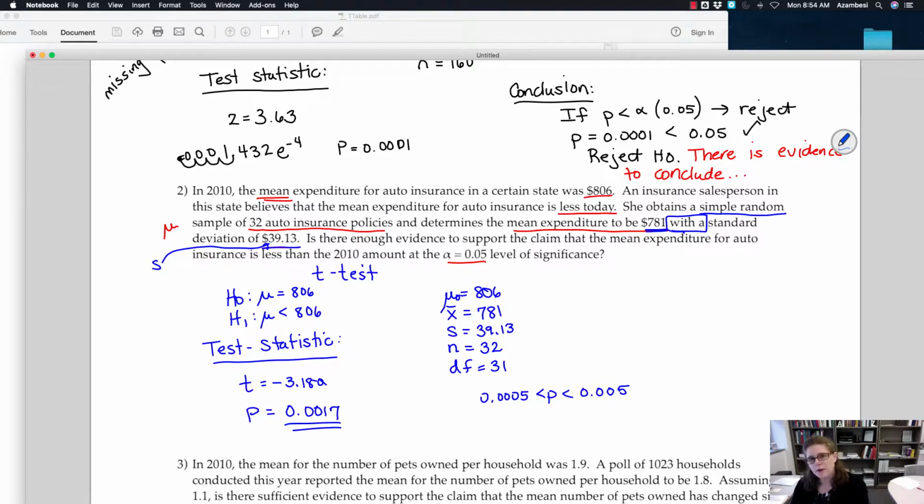Now, how to determine your conclusion? Same rule. If p is less than alpha, and alpha is 0.05, then we reject and we have evidence.